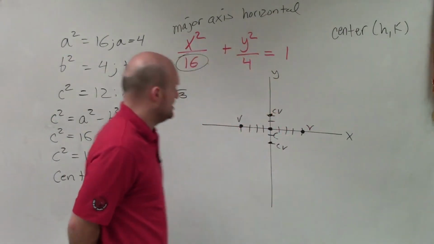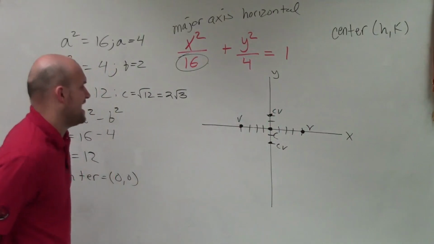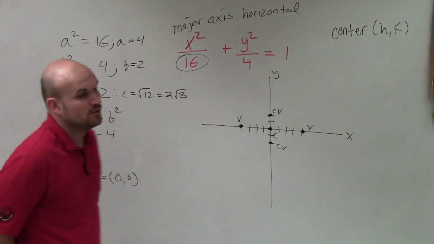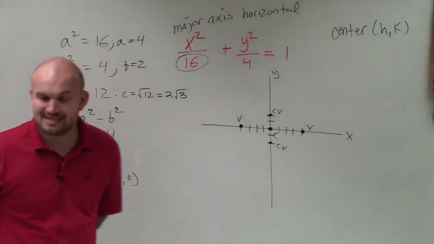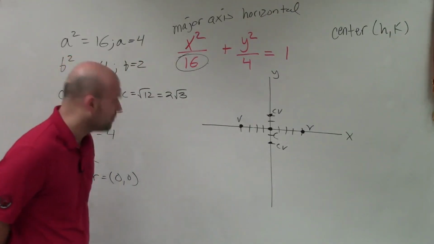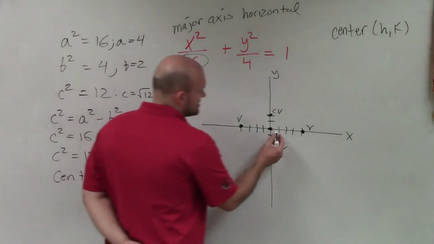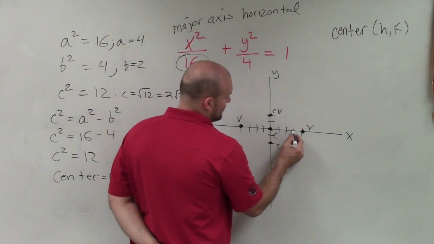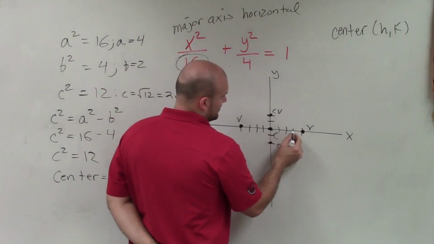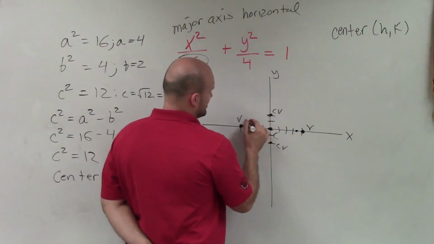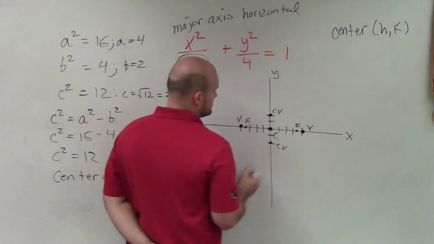So that's going to be between 3 and 4, roughly, right? Because 3 squared is 9, and 4 squared is 16. So it's going to be somewhere between 3 and 4. Obviously, I don't have the most accurate graph in the world, so I'm just going to estimate between 3 and 4. So I'm just going to put it right there, and then to the left. And these are going to be what we call our foci.